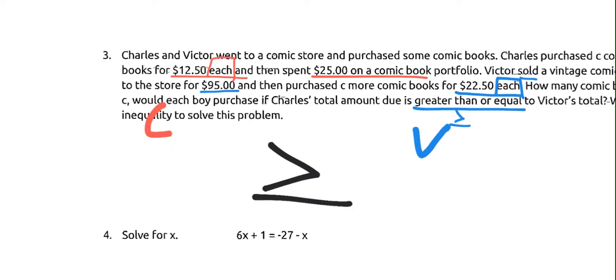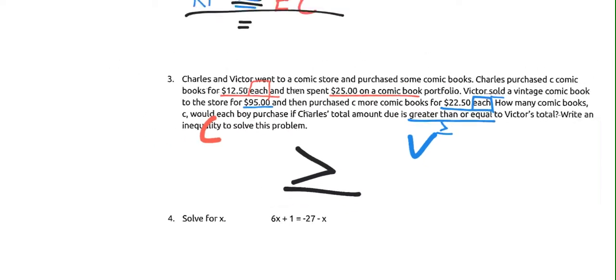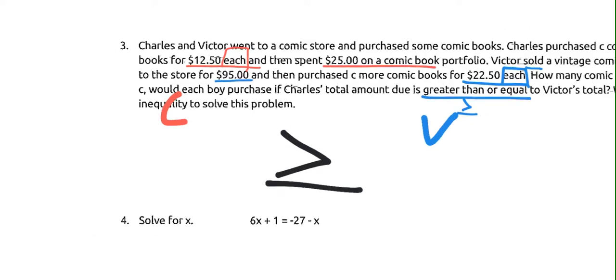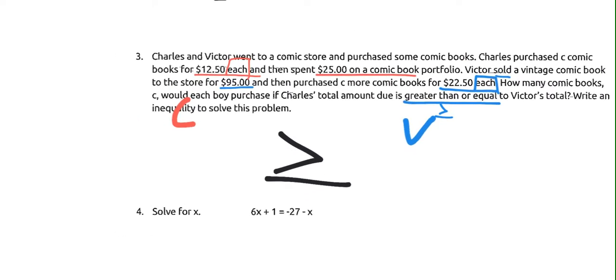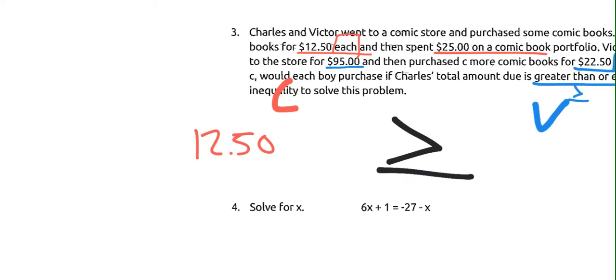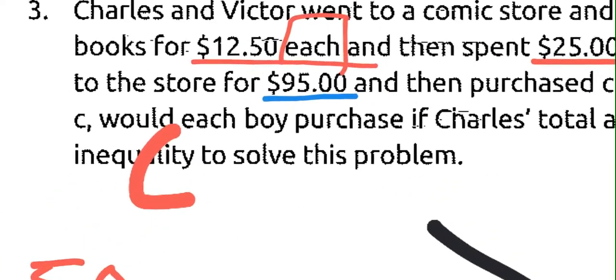So starting with just Charles, I know usually so far I haven't been working these out for you, but this one's pretty tough. The first thing he purchased, and we're trying to get a total, was $12.50. So for Charles, I'm going to write that $12.50. He purchased $12.50 worth of stuff, and that happened one time. Oh, no, I'm sorry, each. It's for each comic book. So x is going to represent my number of comic books.